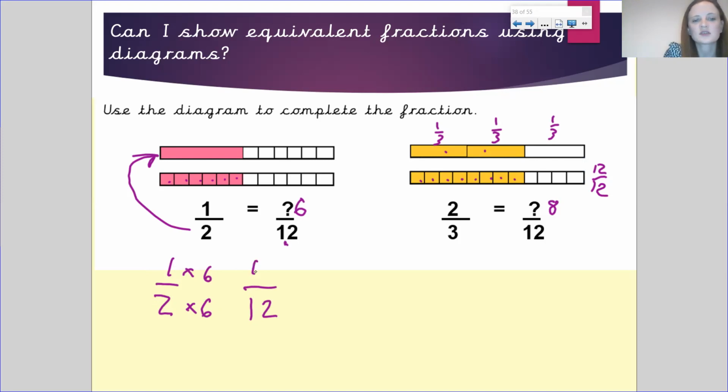Okay, so 6 over 12 is the same as 1 over 2, or a half. And the same with 2 over 3 is equal to something over 12. What have you done to 3 to get to 12? You've times it by 4. So if we times that by 4, we get 8, and that is obviously an equivalent fraction.